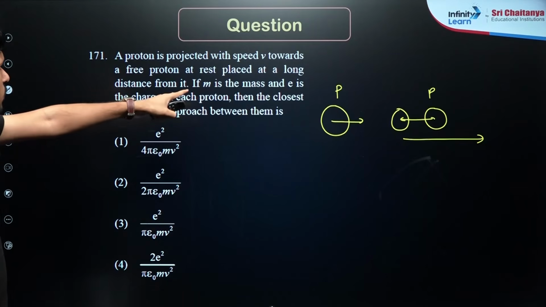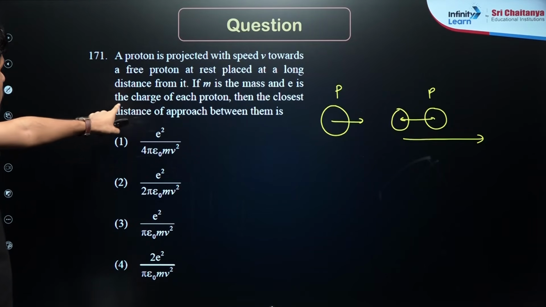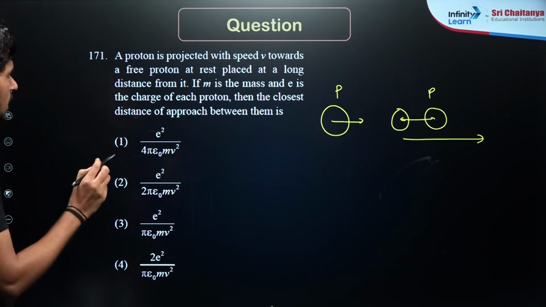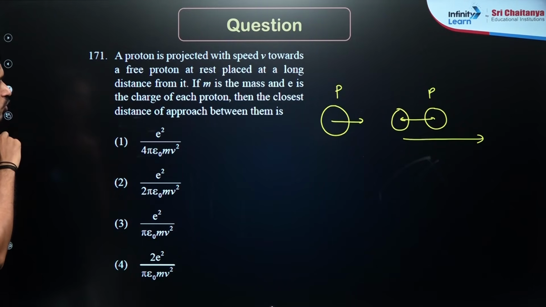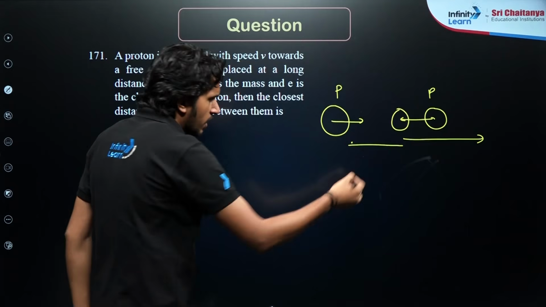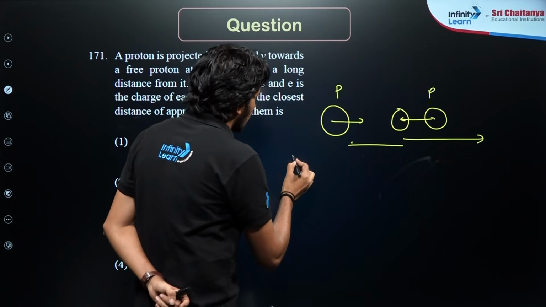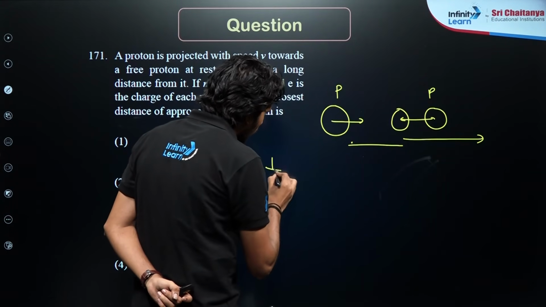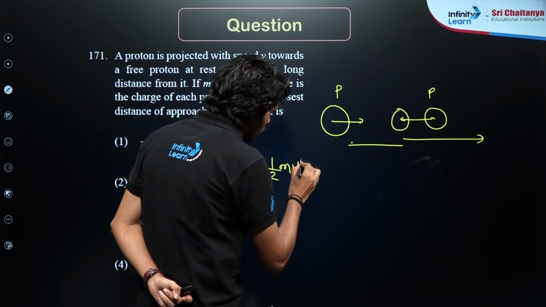Yes, if m is the mass and e is charge of each proton, then the closest distance of approach between them. So initially, let's say it was at very far distance, then initial energy is half m v square.